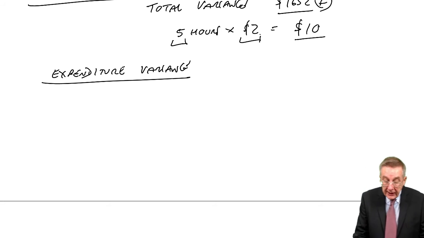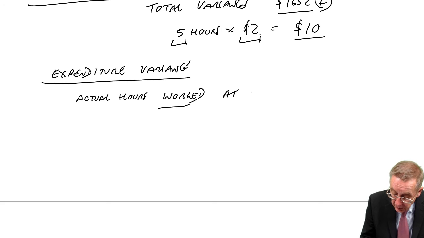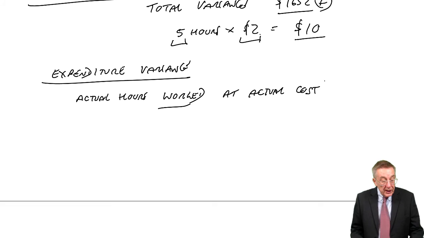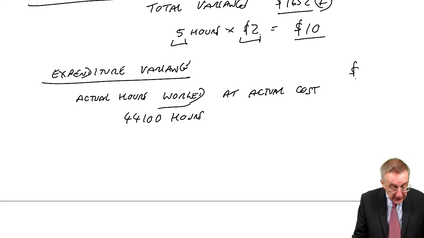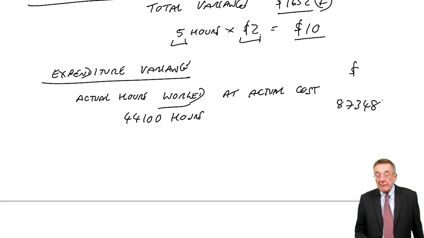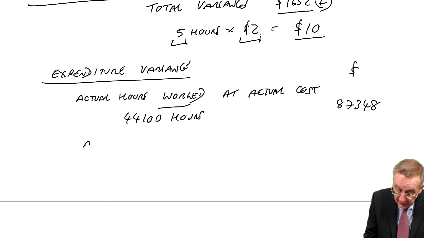So to check on the expenditure, we take the actual hours worked at actual cost. So they actually worked 44,100 hours. And the actual cost was 87,348. How much should we have paid for those hours? Well, the actual hours worked at standard cost.